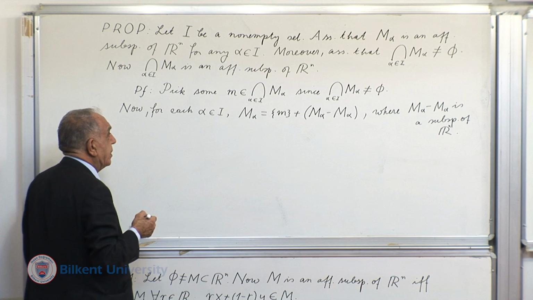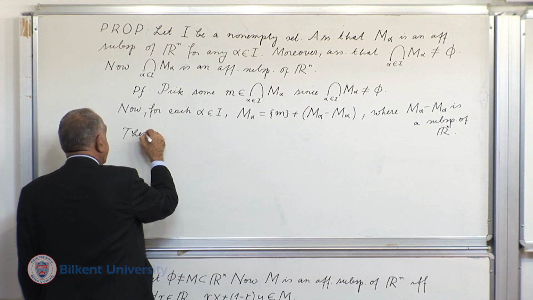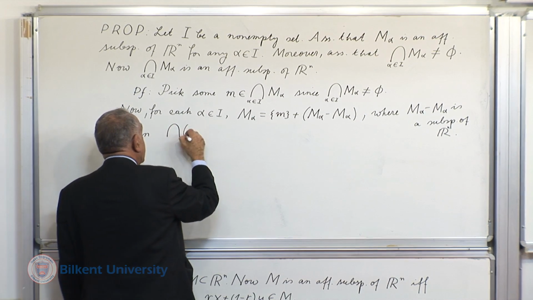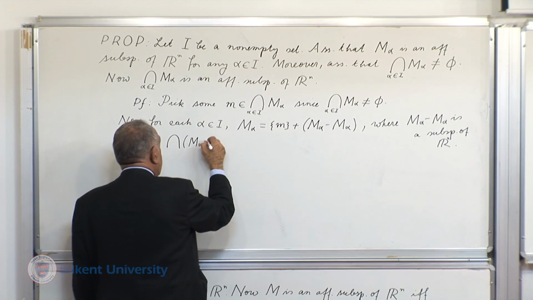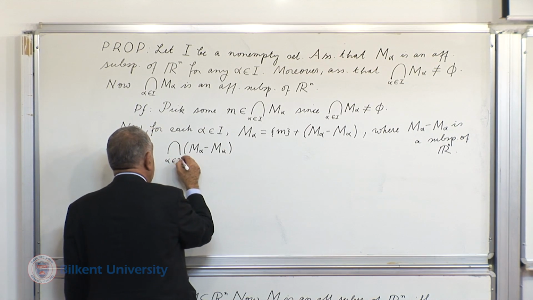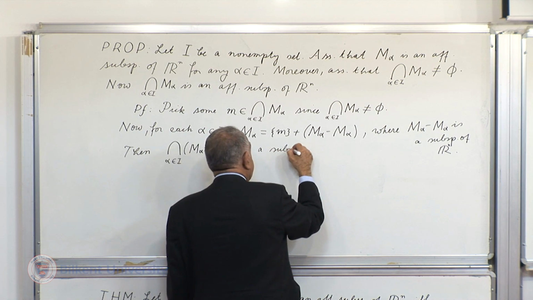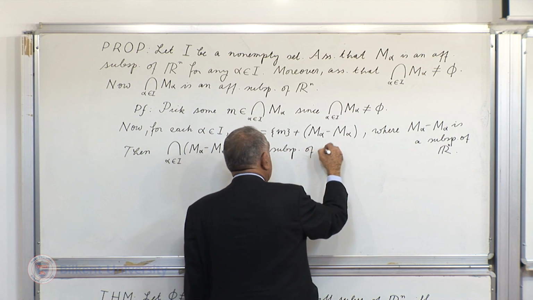Then the intersection of M alpha minus M alphas, alpha in I, is a subspace of Rn.